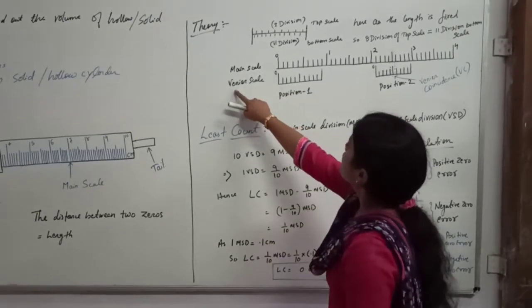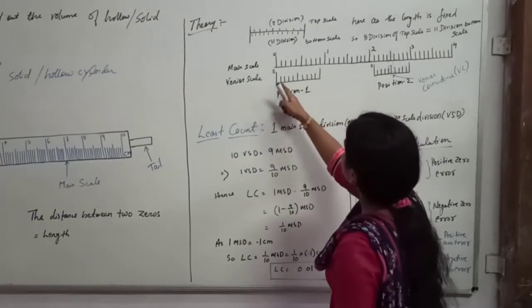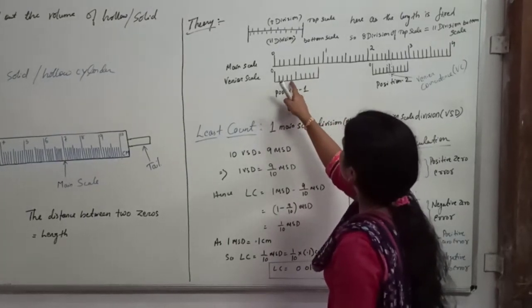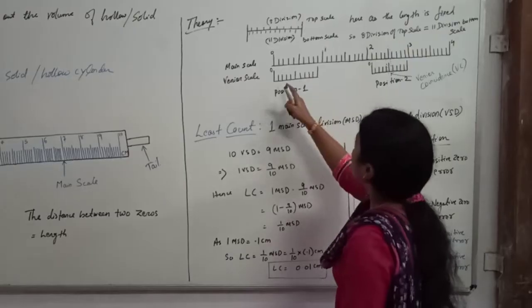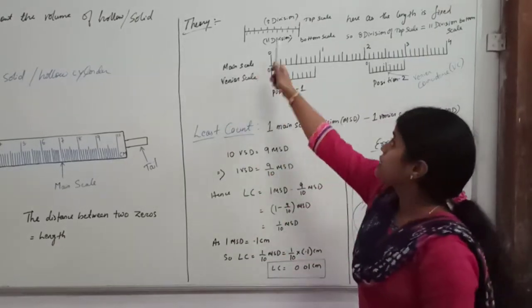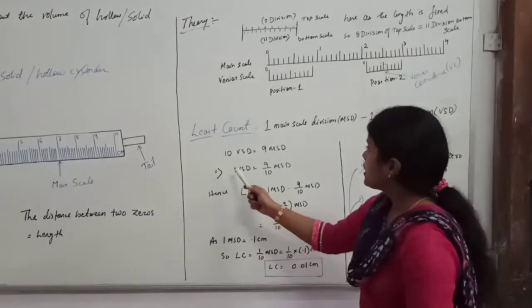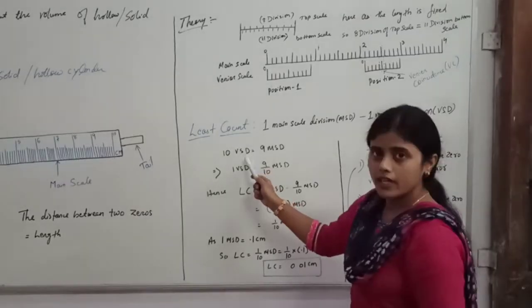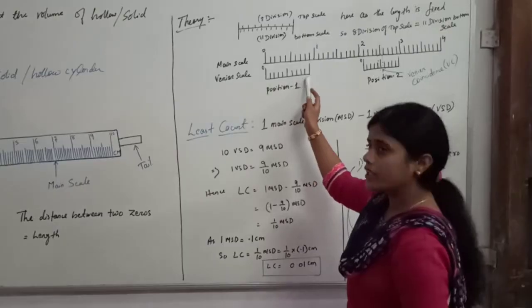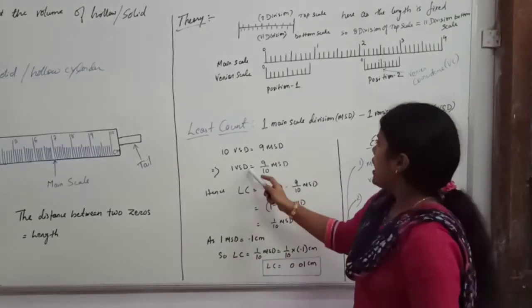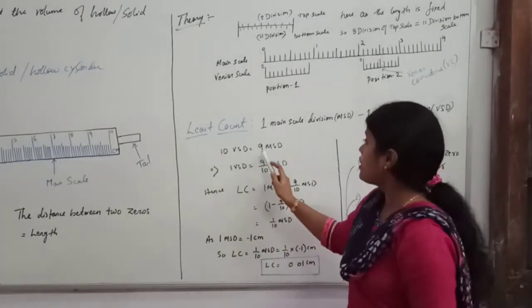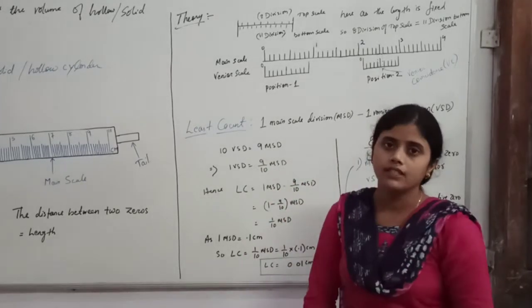Similarly, in the vernier scale, I again have to calculate the divisions. 1, 2, 3, 4, 5, 6, 7, 8, 9, 10. 10 divisions are there. As per this principle, length is fixed. That's why I can write 10 divisions of vernier scale, because I have counted 10 divisions, is equal to 9 divisions of main scale.